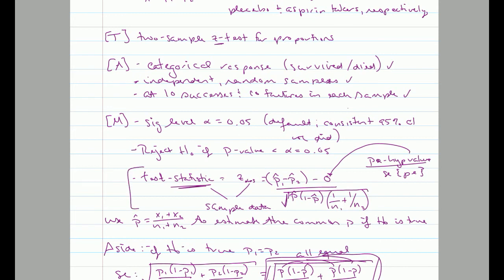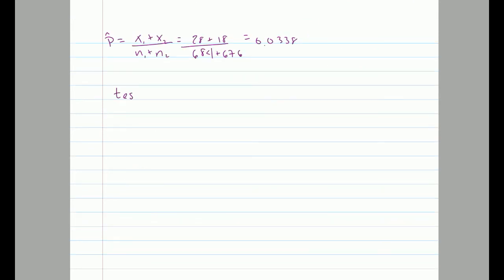So let's bring all this down onto that next page. Our test statistic then equals z obs equals (p1 hat - p2 hat - the hypothesized value of 0) divided by the square root of p hat(1 - p hat)(1/n1 + 1/n2).